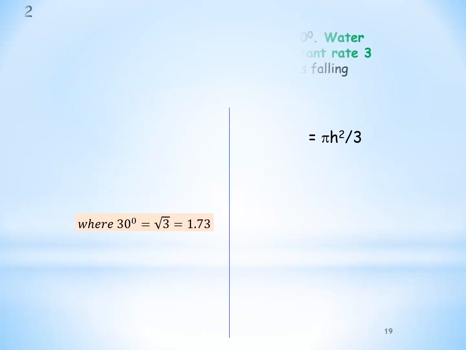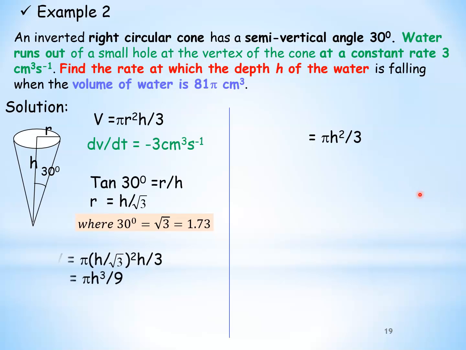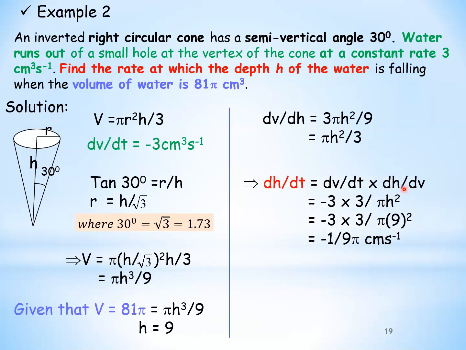Okay, let's see the next example. The next example, an inverted right circular cone, ni cone has a semi-vertical angle. Dia ada angle dekat sini 30 degrees. Okay.